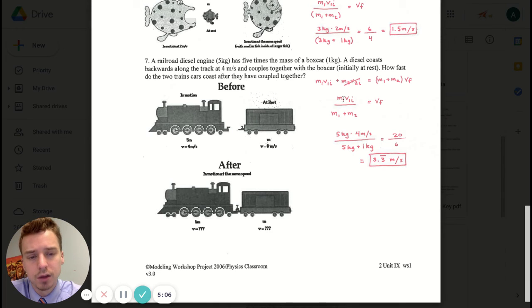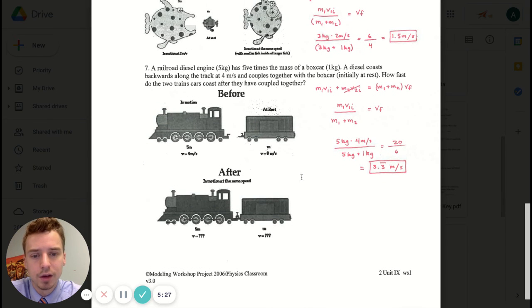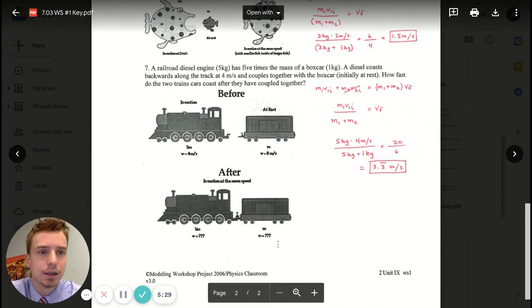So then I get mass 1 times velocity 1 initial, those two are multiplied. And then I divide by mass 1 plus mass 2. So I plug that into my calculator. You get 5 times 4, which is 20, divided by 5 plus 1, which is 6, and you should get 3.3 repeating. That's how fast they are going combined at the end.